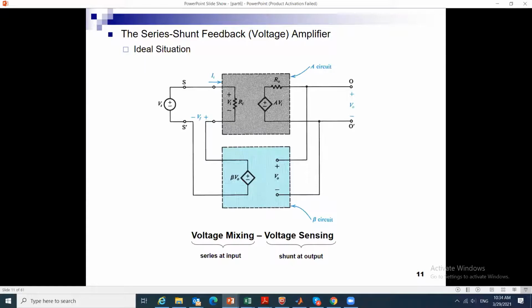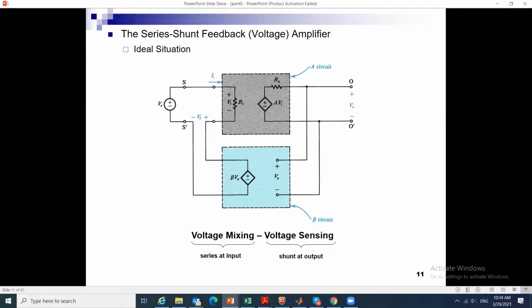When I sense using the beta, I'm not loading the load at all. And when I'm plugging it in, I'm getting minus Vs plus Vn plus Vf equal to 0. Meaning Vn is equal to Vs minus Vf. So these are satisfied perfectly.